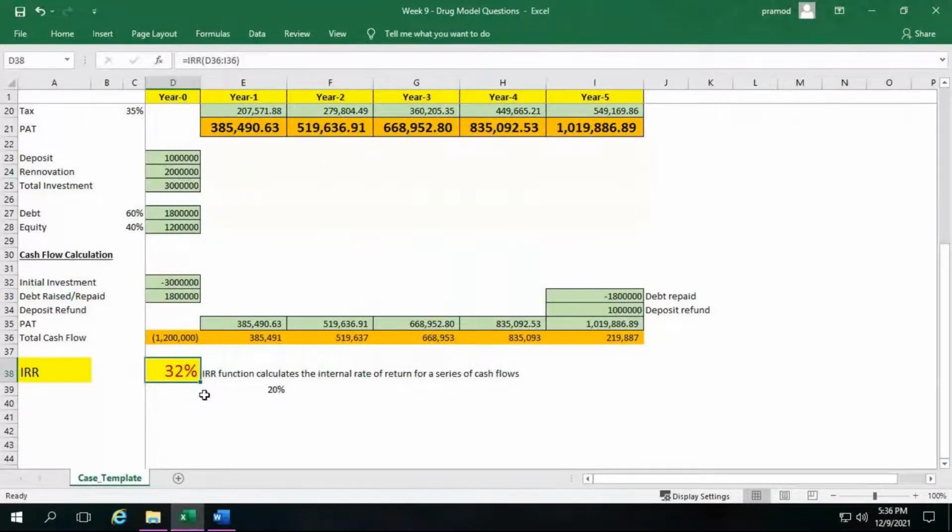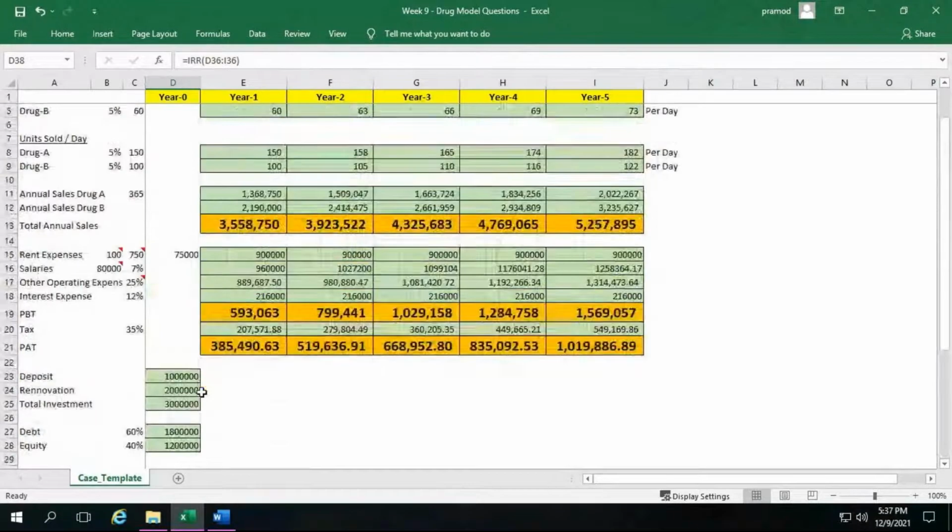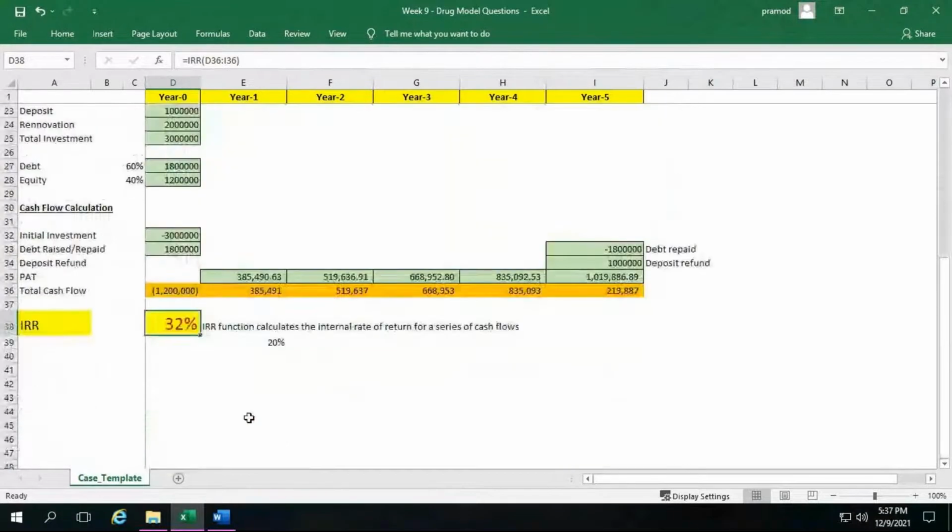In every case they will have some expectation, so according to that we get to know whether it is above or below. If it is above, then you can take a chance of taking a franchisee of any business. If it is below the expectation, then it is risky to take that particular company. Okay, sir. So now I can take this drug model, since it is giving me a 32% return.